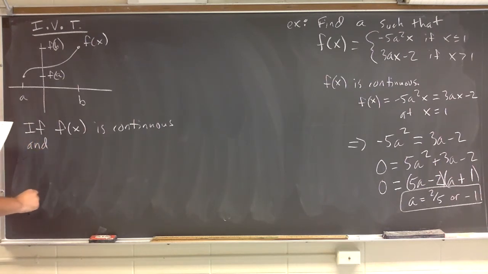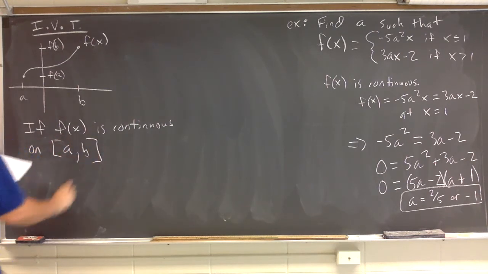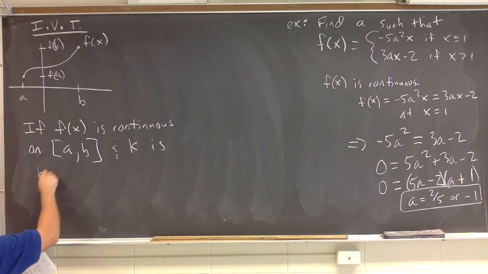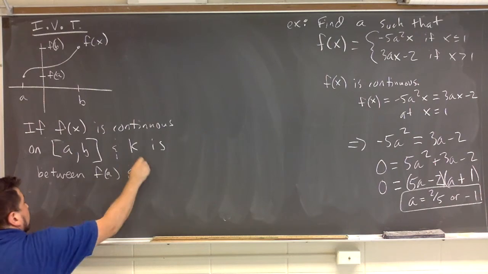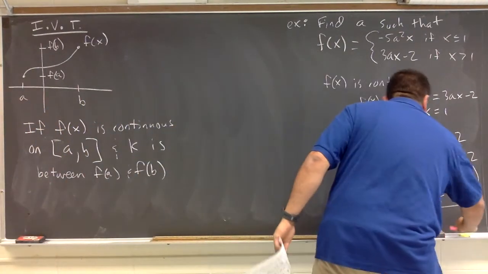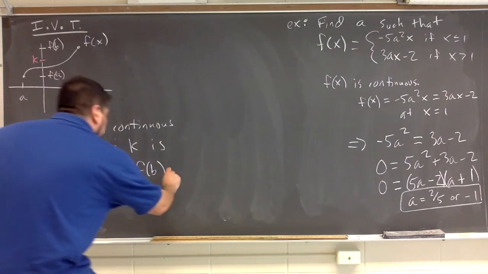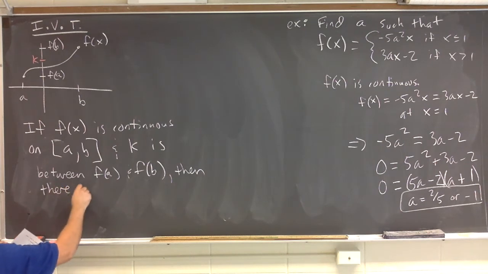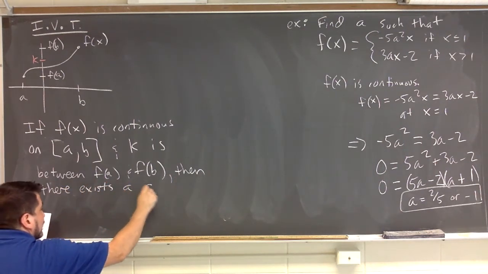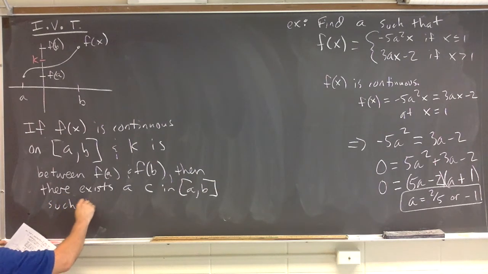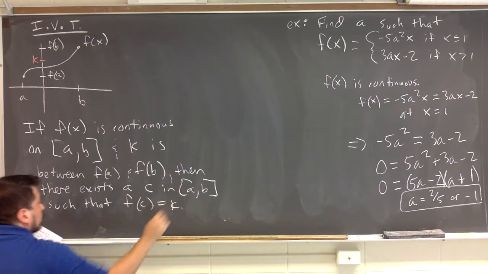If f of x is continuous on the interval from a to b, and k is between f of a and f of b, so somewhere in between these two y values we have a k value right there, then there exists a c value in the interval from a to b such that f of c equals k.